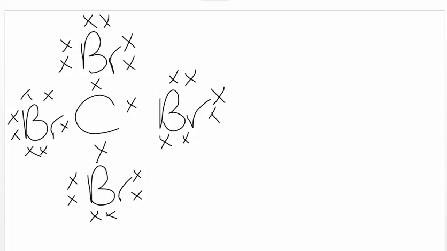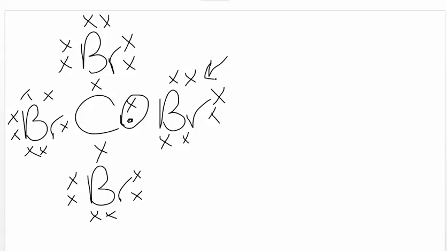We know that the outside atoms want to have 8. They have to get 8. They want 8 valence electrons to be stable. Carbon is in group 4A. So what's going to happen is carbon is going to give one of its electrons to this bromine. So this bromine right here now has 8 because it's sharing one of carbon's.